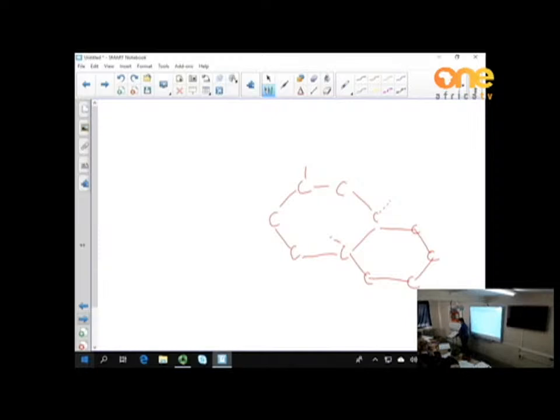Metallic bonds. With metallic bonds, we basically have positive atomic rests surrounded by a sea of delocalized electrons. What are the properties of metals? Shiny, malleable, ductile, sonorous, good conductors of heat, good conductors of electricity. The reason they have these properties is the delocalized electrons.